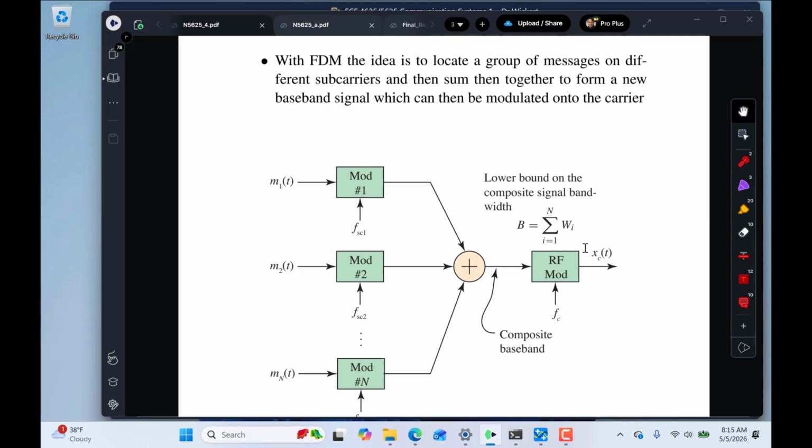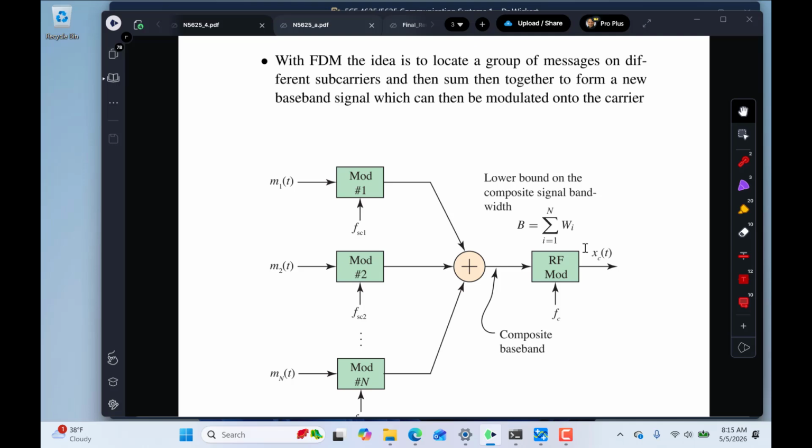It could be used in a single mode fiber where you would modulate onto the fiber many different channels of information. And this shows it as analog. It can be digital, but the idea is you're going to put subcarriers.